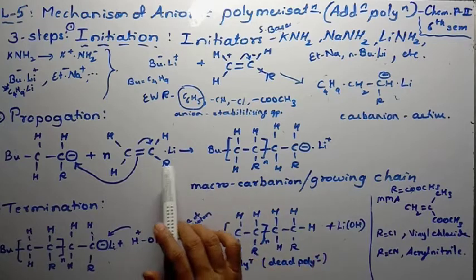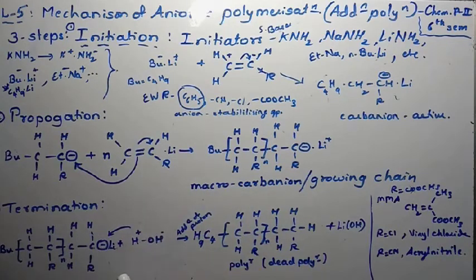Okay, in the case of anionic polymerization, the termination process is not instantaneous, but in cationic polymerization, termination is instantaneous, where the counter ion itself accepts the charge and gets neutralized, thereby giving the macromolecules or polymers.